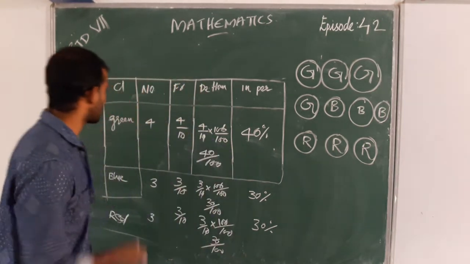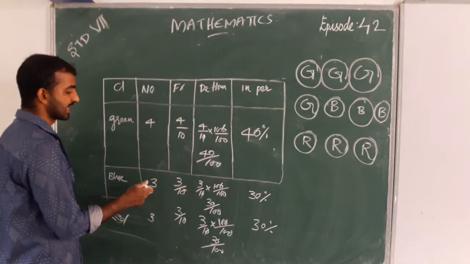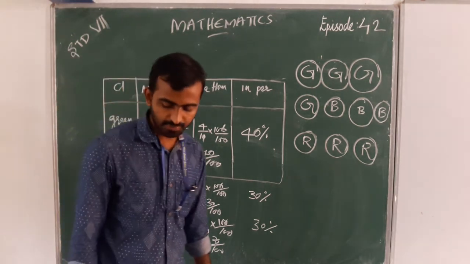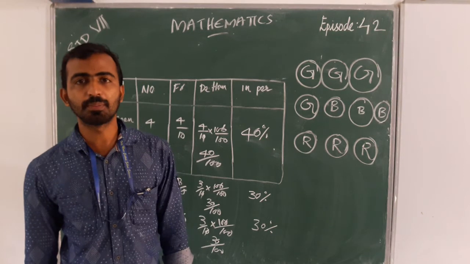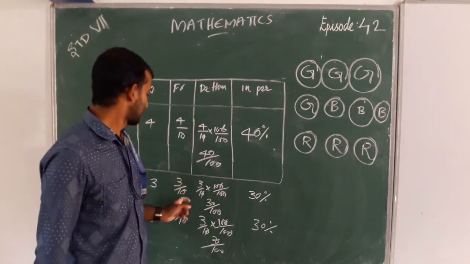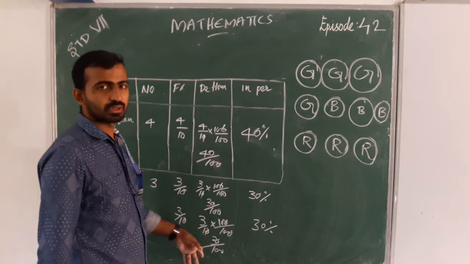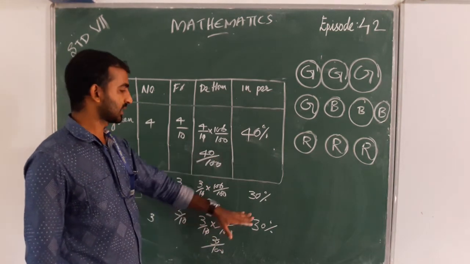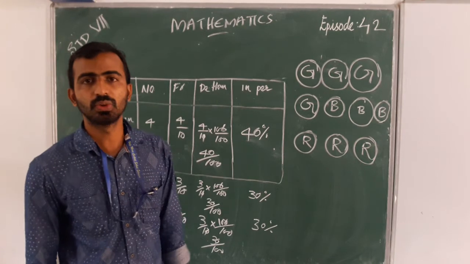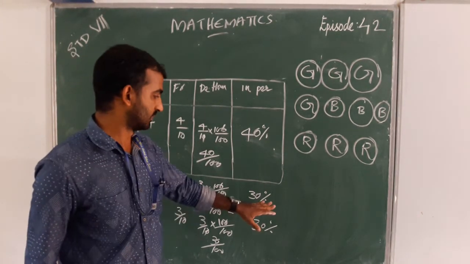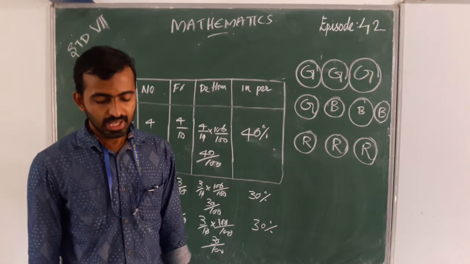So we take the fractions 4 by 10, 3 by 10, 3 by 10. We get 40 by 100, 30 by 100, 30 by 100: 40%, 30%, and also 30%. Is it? Yes.